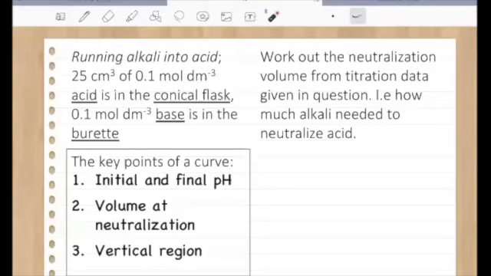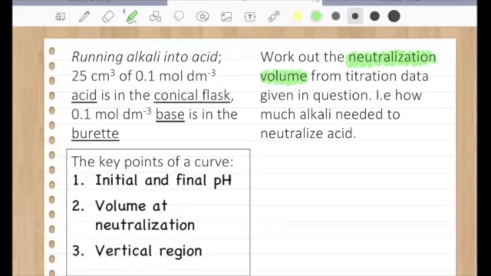Another thing that students tend to take lightly is the neutralization volume. This neutralization volume is important because not only do we want to know at which pH neutralization is happening, we also need to know how much volume of base is needed to neutralize the acid we have in our conical flask.